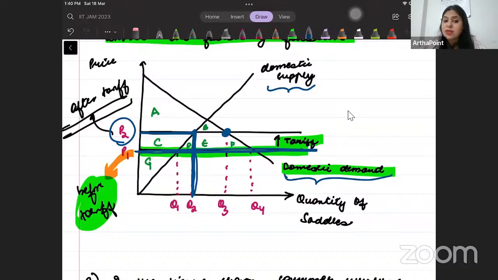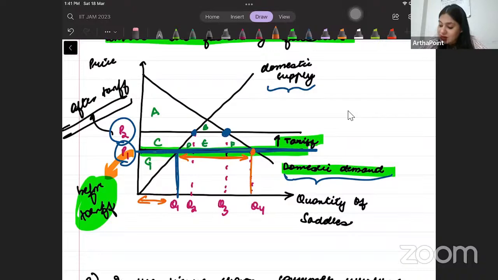Now you may say, ma'am, okay, the answer is P1, Q1, because only that much is being supplied domestically. But no, it's not asking what is supplied domestically. It's asking what is the total amount that will be there in this economy. So although this much would be covered by domestic suppliers, this much will be coming from outside. This is what you can fetch from outside the economy, right?